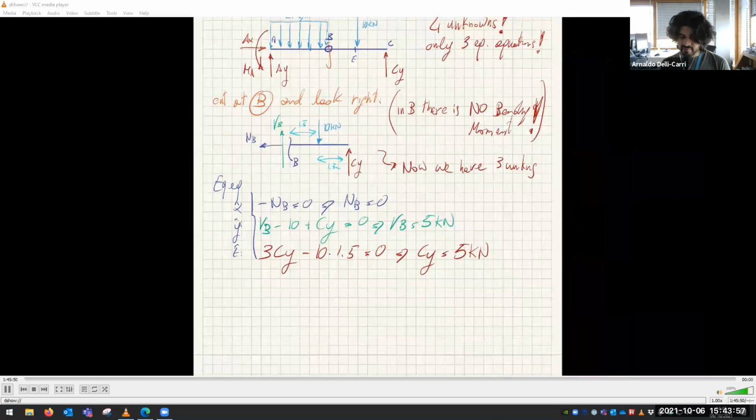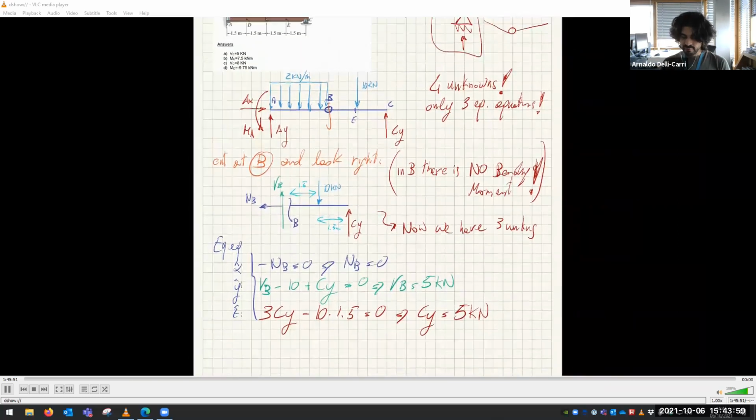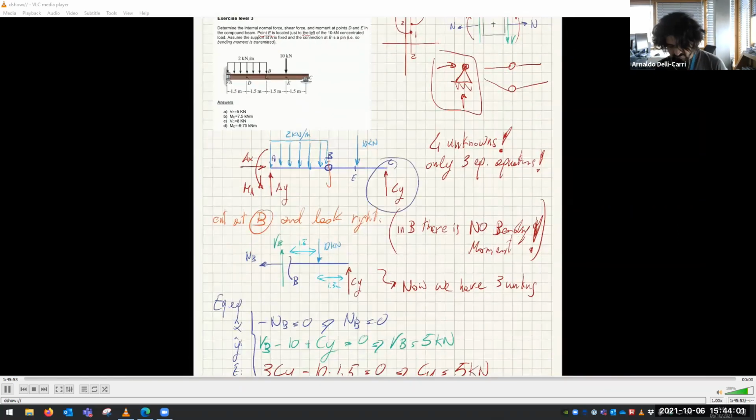Okay, now we found the reaction force. Now that we found this one, we now can go back and find AX, MA, and AY.